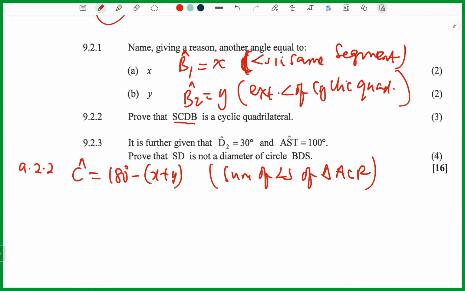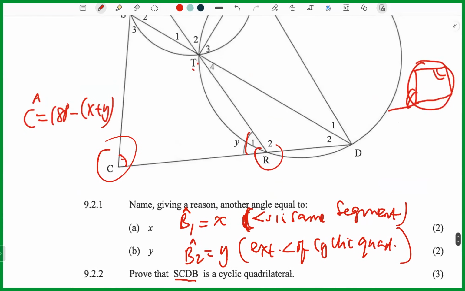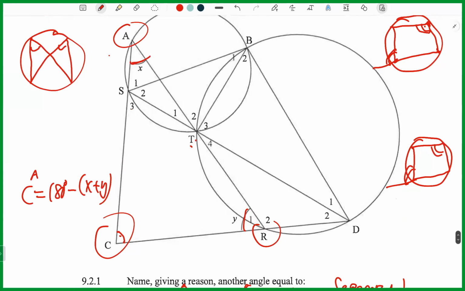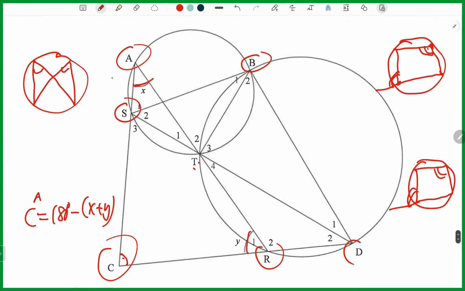Then we have the next thing now. Angle SBD, this one here. And then if we add it with angle C, is equal to what?